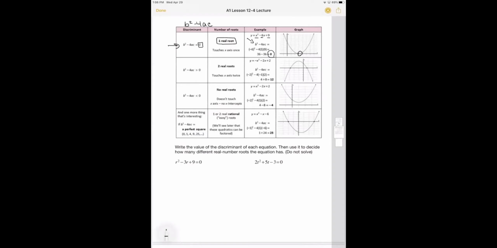And by the way, if you were to use the quadratic formula for this equation right here, you would get x equals -b, that's 6, plus minus the root, well, we know what's under there was 0, over 2a, which is 2 times 1. And so look what I have here. I have one answer. I have 6 plus minus 0 over 2.